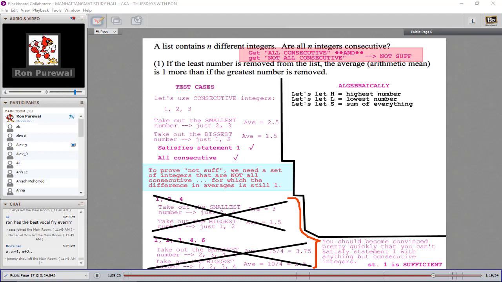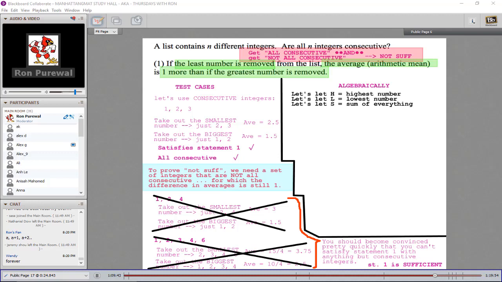But let's talk about this. And we can't let these be consecutive because then that's not going to prove anything. Let's write this statement algebraically. The least number is removed, one more than if the greatest number is removed.